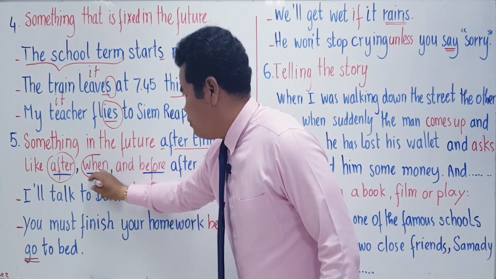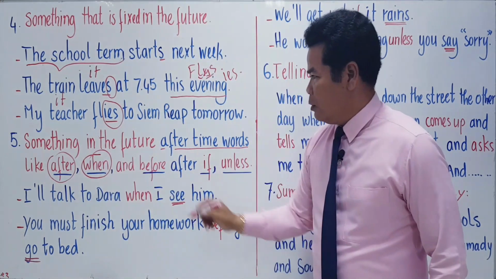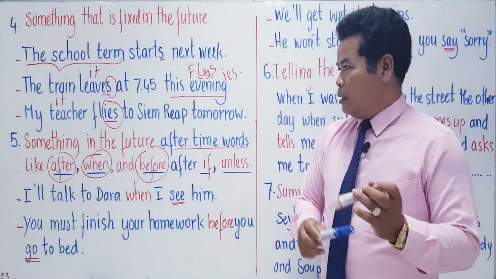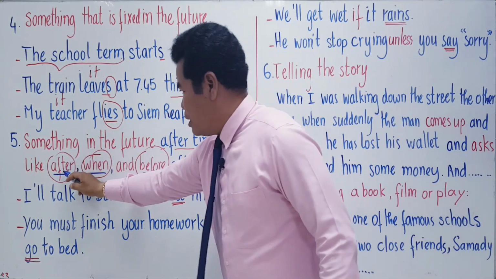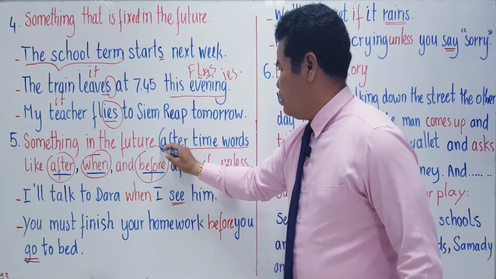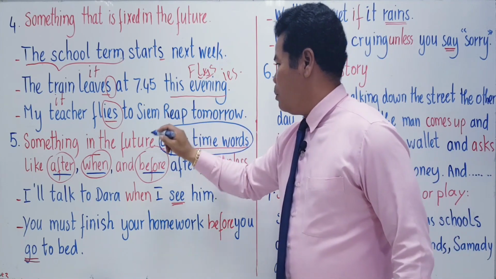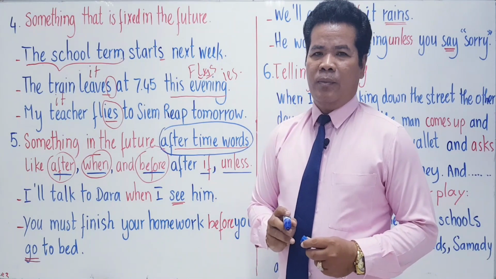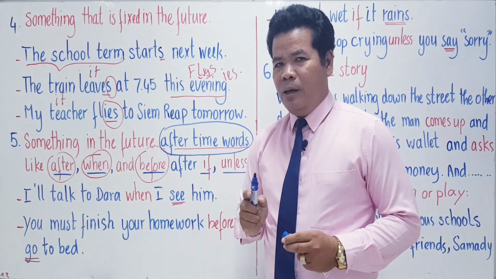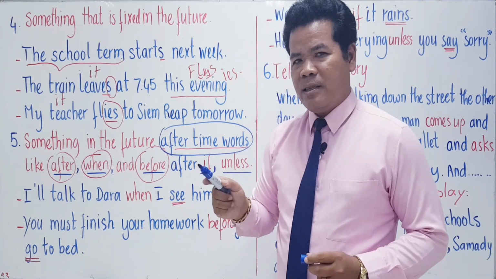okay, then, before. So, after, when, and before are called time words. Try to remember. You don't need to understand this.